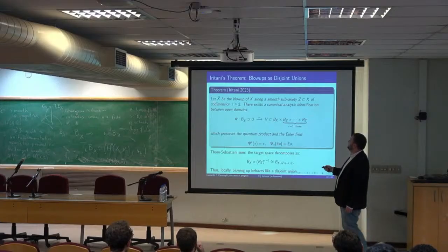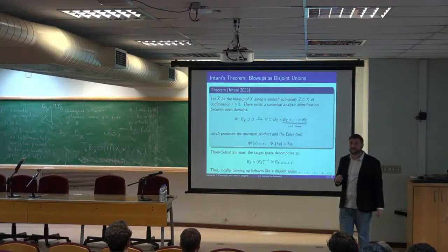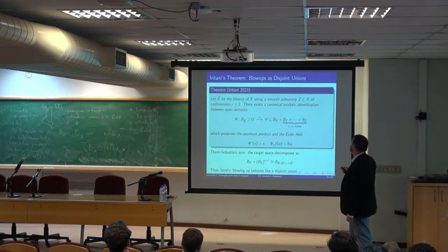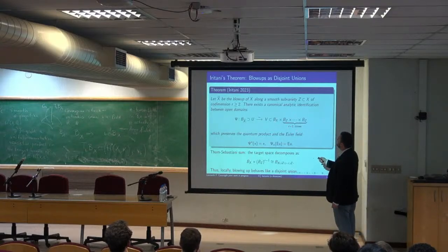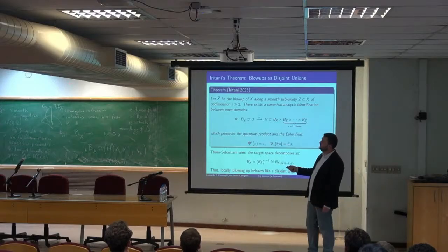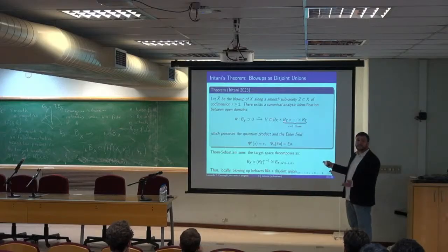So you pick X tilde to be the blow-up of X along some smooth subvariety of dimension greater or equal than 2. Then you take your auxiliary variety here, that is Bx, so this is the A model built for your original X, and you do the corresponding A model for the center that you blow up.